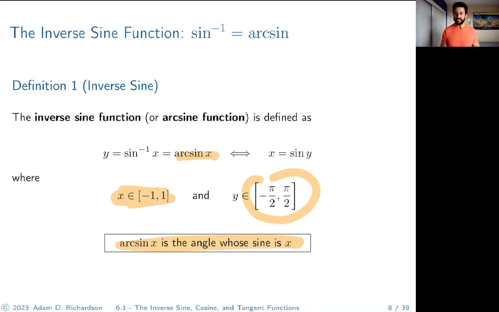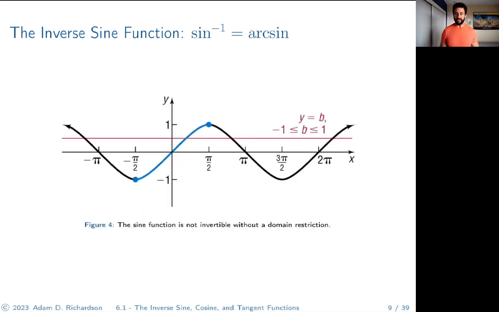All right, let's look at a picture here. This is a graph of the sine curve as it's defined on the whole real line. And again, it totally fails the horizontal line test. You can see it because if you draw a horizontal line, it's going to intersect the graph many, many times. So we needed that restricted domain, and that's actually what's pictured right here.